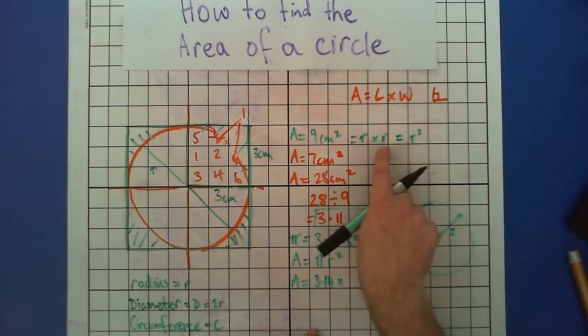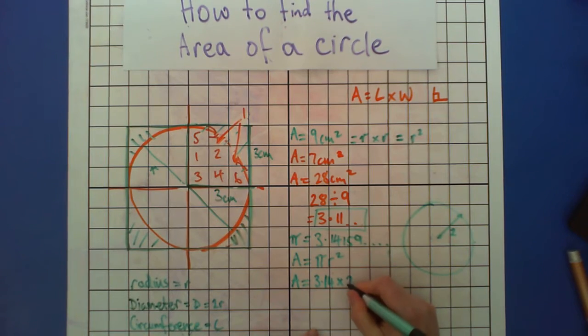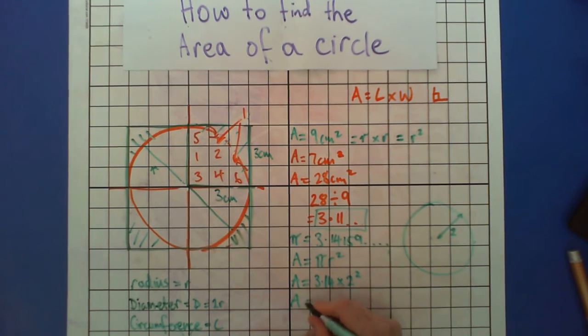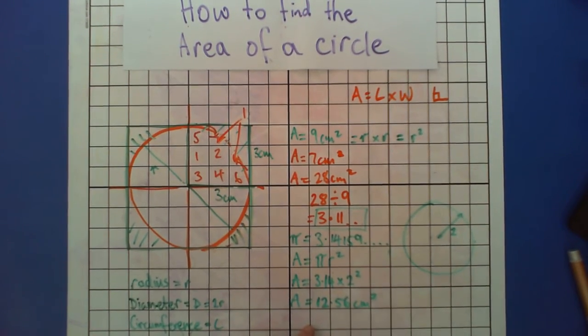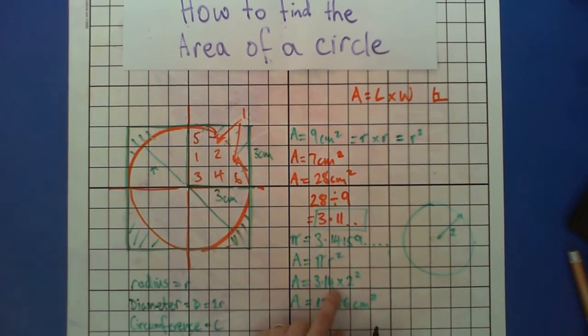Remember, our radius squared means the radius times the radius, so that is 2 squared. So that's going to give us a value of around about 12.56 centimetres squared.